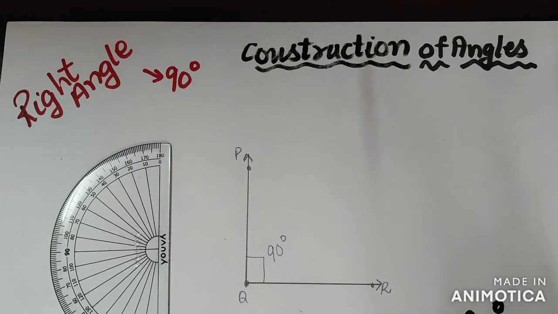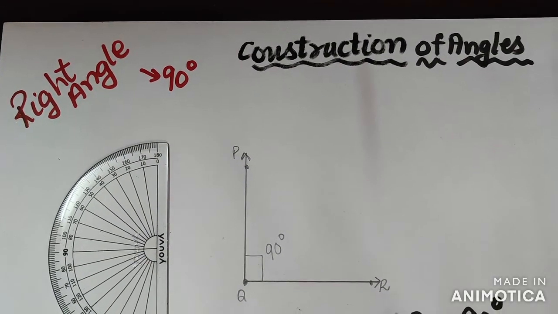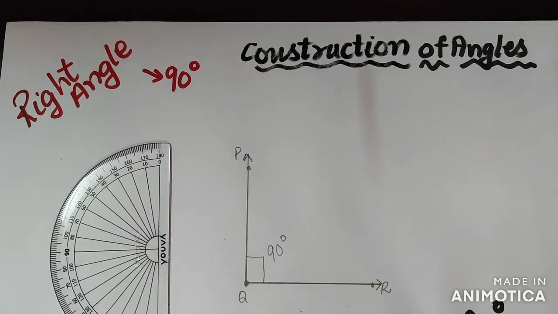Degree is the unit of measurement of angles, right? And classify it also. 90 degree angle is a right angle.